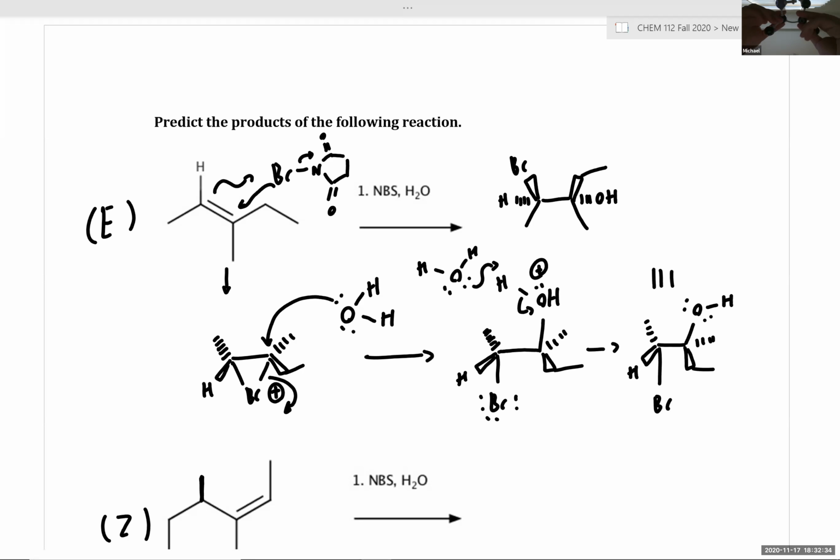Okay, here's another equivalent structure. Let's look at the common zigzag bond arrangement. Let me show the other one because that's more common.